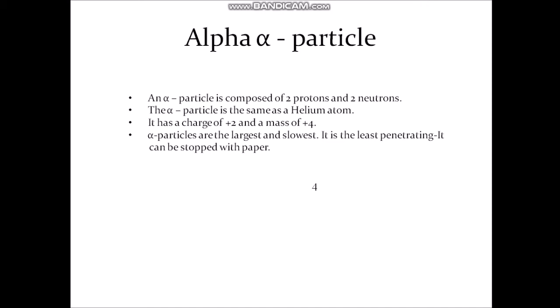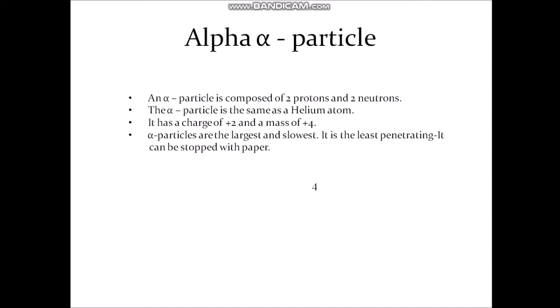So it has a mass number of 4 and an atomic number of 2. Two protons means a charge of plus 2, and with two neutrons the mass number is 4. So it has a charge of plus 2 and a mass of 4.